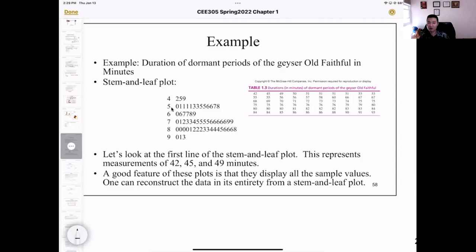Under 50, we have 50 here, and we have 51, 51, 51, and 51, which means we have four dormant periods of 51 minutes. We list them all here. We have 52, 53, and so on. So we can do this to get an idea of all the dormant periods from this table.